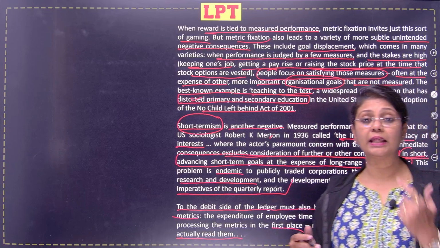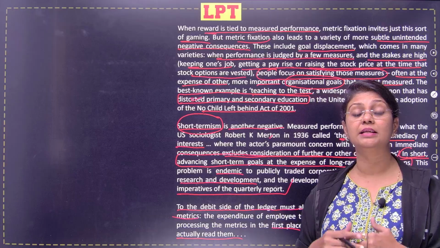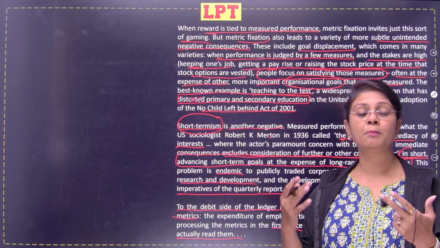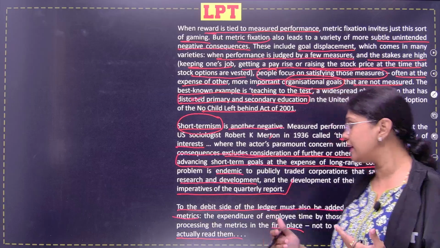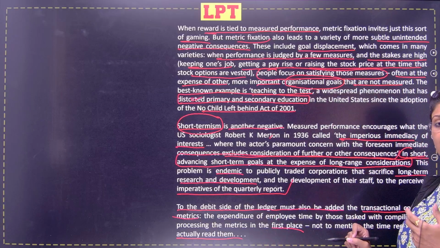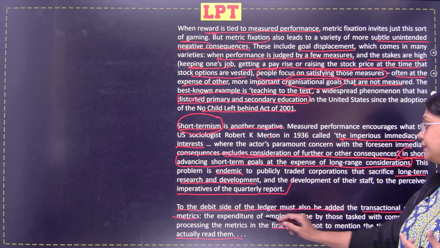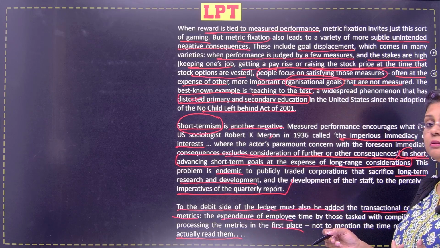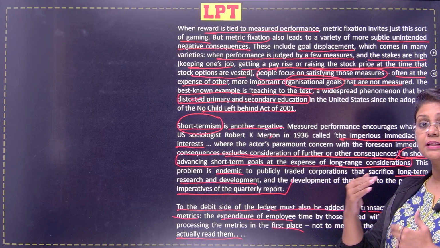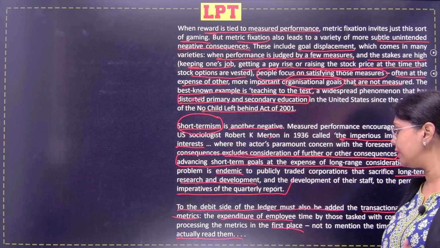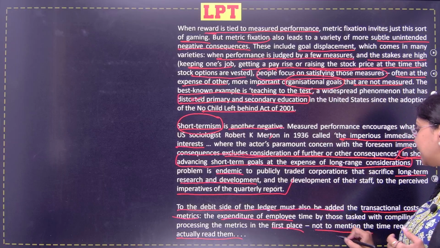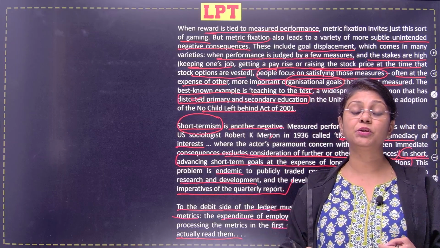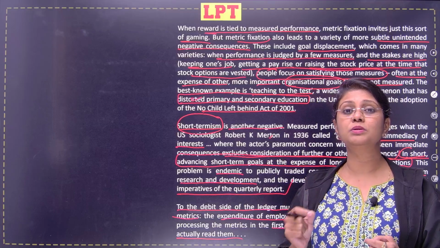So again, the author finishes by saying that there is one more negative to the metric fixation process, and he has said the transactional cost of metrics, the expenditure of employee time by those tasked with compiling and processing. So it is compiling and processing those metrics, plus not to mention the time required to actually read and evaluate those metric systems.